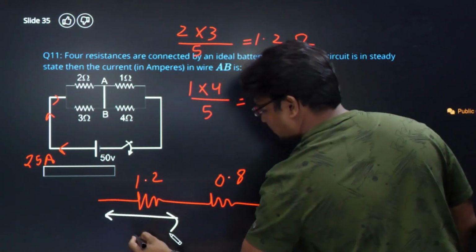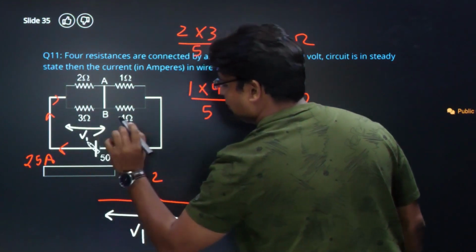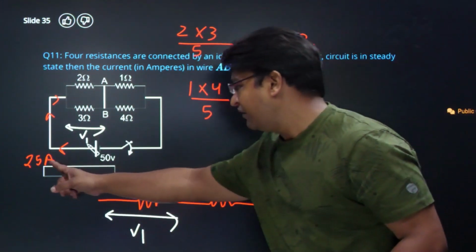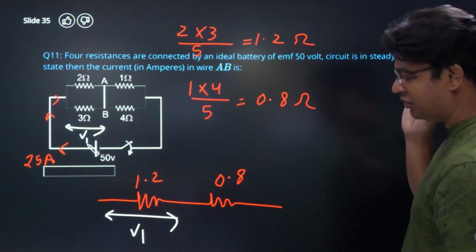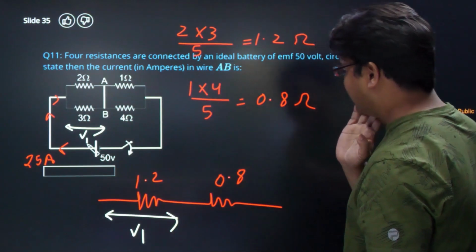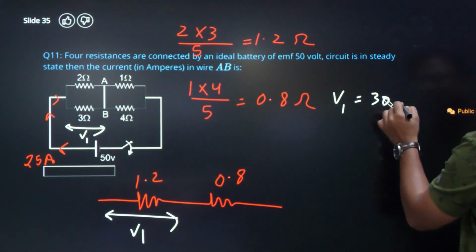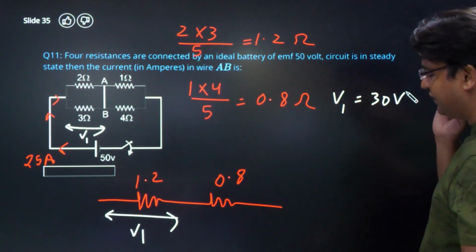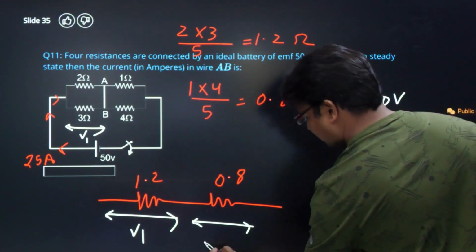If this is V1 in this figure, how much is V1 then? 25 ampere passing through 1.2, 25 into 1.2, how much is that? Is it 30? So V1 is 30 volt. Check this. And if V1 is 30 volt, then V2 will certainly be 20 volts.